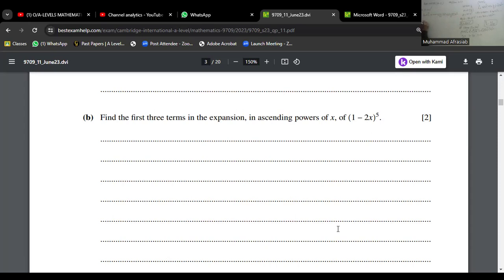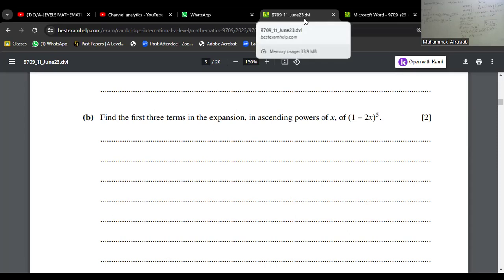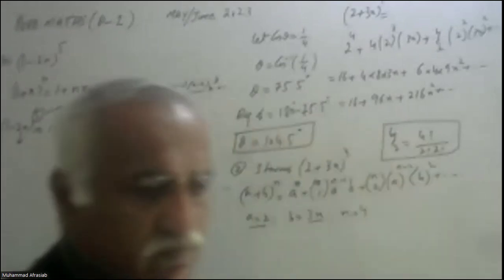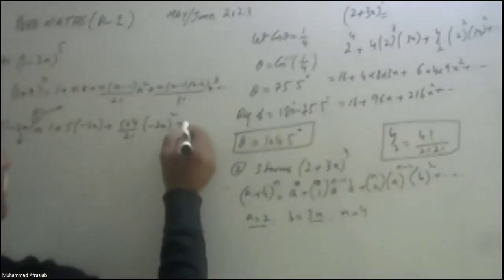So 1 minus 2x to the power 5 will be written as 1 plus, where n is 5 and x is minus 2x. So 1 plus 5 into minus 2x plus 5 into 4 over 2 factorial into minus 2x squared, plus so on, because the first three terms are required.